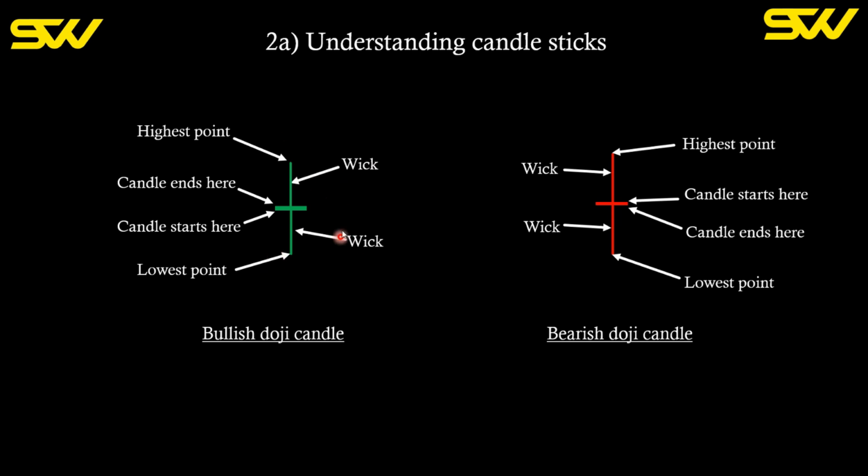So whenever you see a doji candlestick like this, whether it's a bullish or a bearish doji candlestick, please wait first until the next candle has been finalized, opened and closed, to determine the next possible direction. Because a doji candlestick just means that it is indecisive at this moment, where it hasn't decided where it wants to move. All right, so don't place any trade whenever you see a doji candlestick.